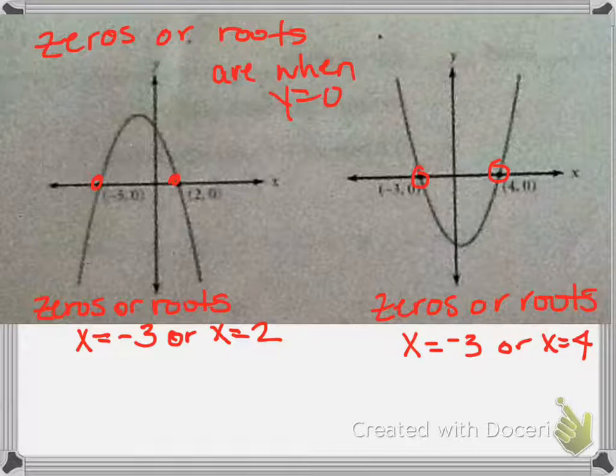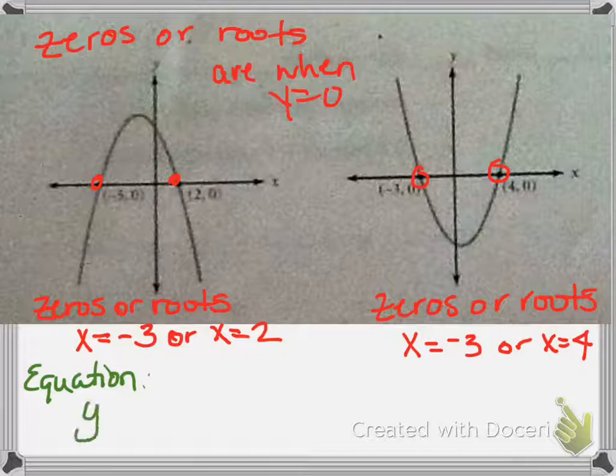Okay, so with those zeros or those roots, we could actually turn around and write that into an equation. Once we have the roots, we know that to get those roots, I must have solved for x. So an equation here in factored form is just y equals, how would I have solved for x and gotten an answer of -3?